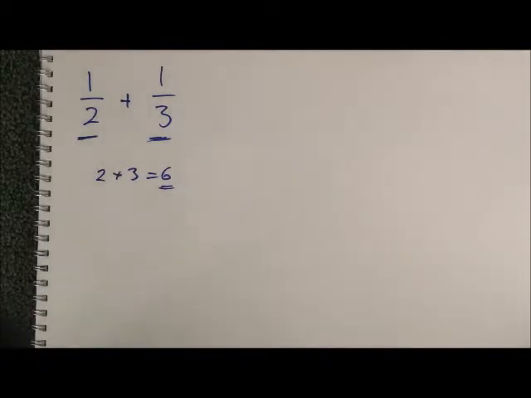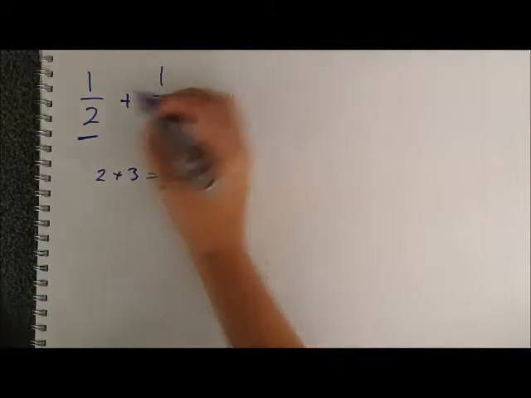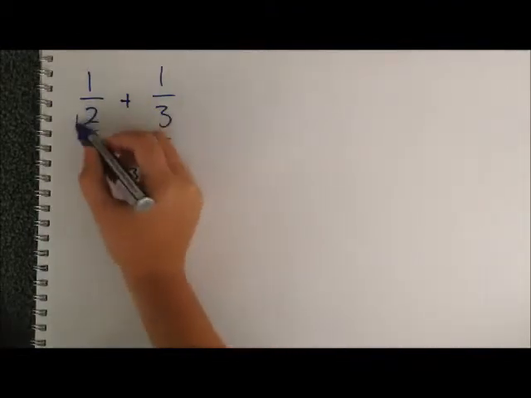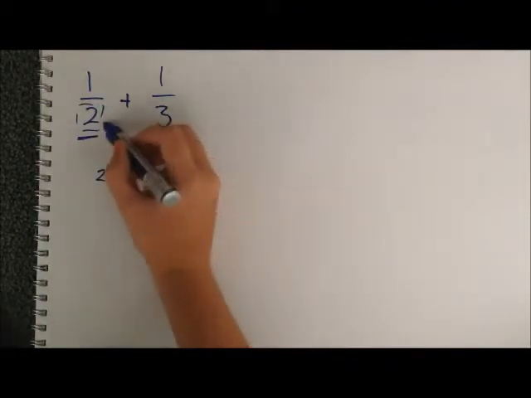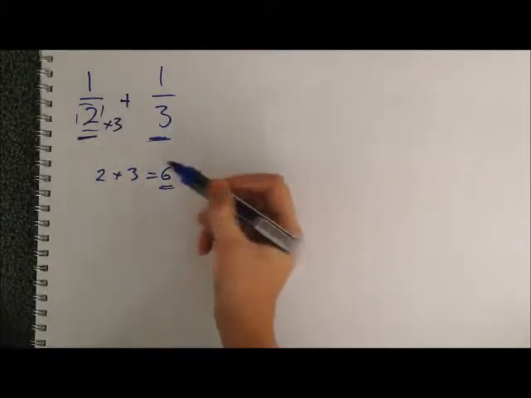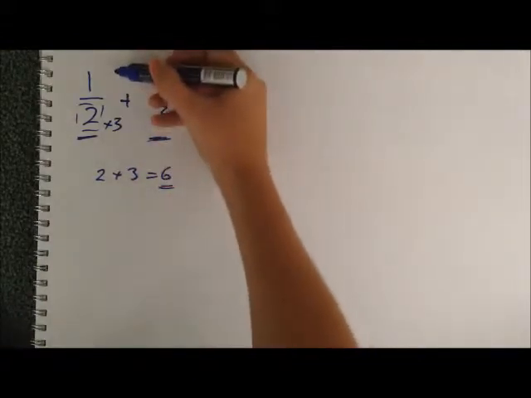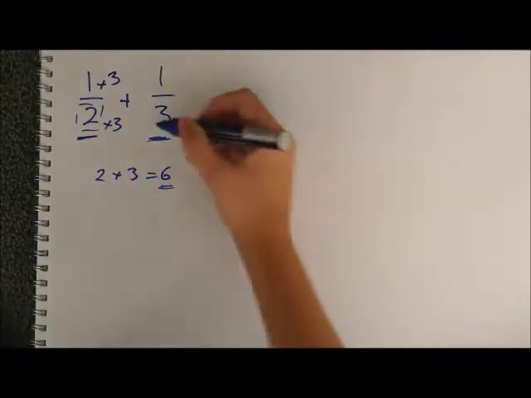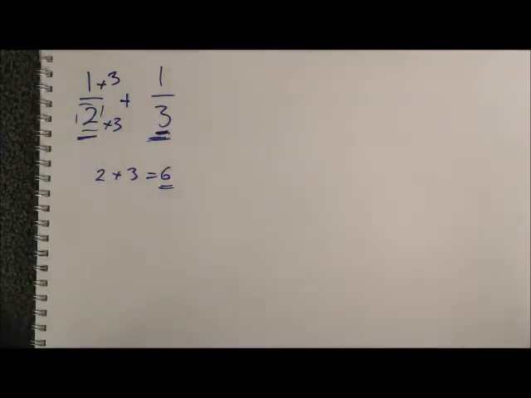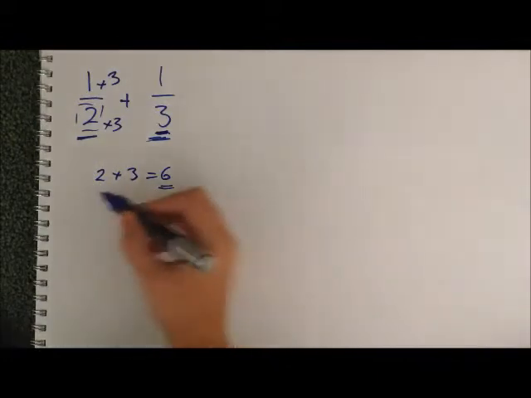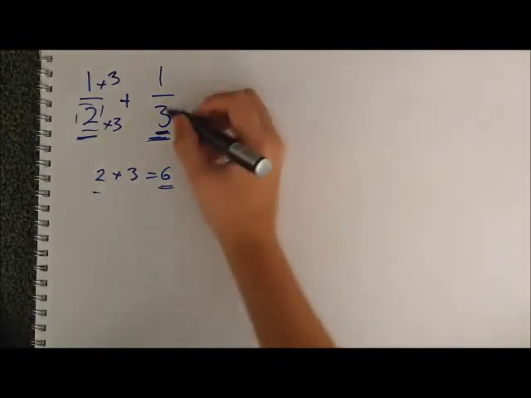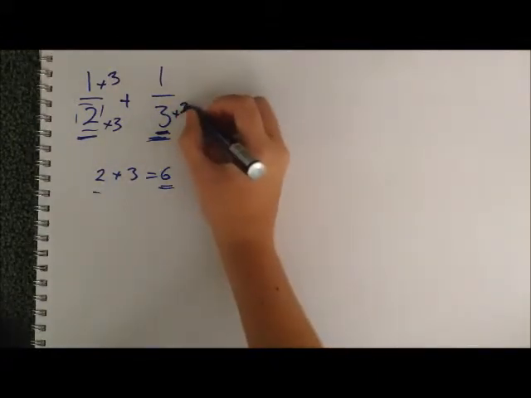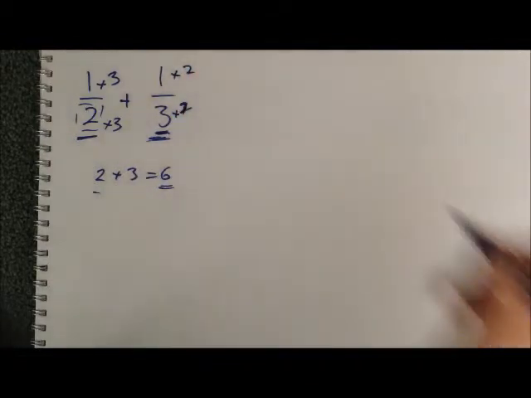How do we do that? Well, to change the 2 to 6, we times it by 3. So what we do to the bottom, we have to do to the top. So we times that by 3. To get this number to 6, we times by 2. So whatever we do to the bottom, we have to do to the top.